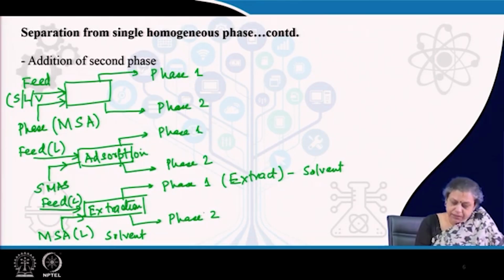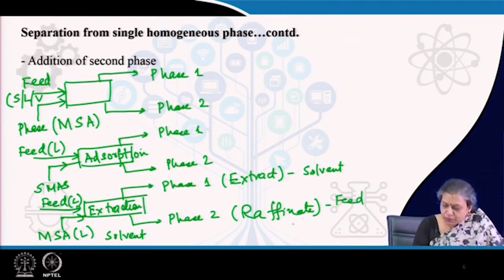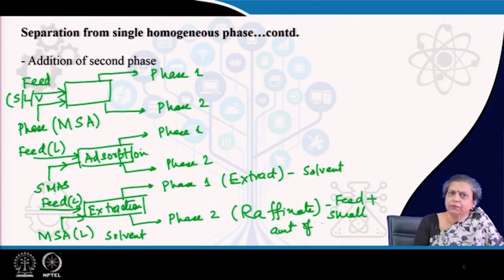The remaining liquid of the feed after the component has been extracted is known as the raffinate, which primarily comprises the feed, and maybe a small amount of solvent may be there, because we hardly get liquids which are completely immiscible with one another.